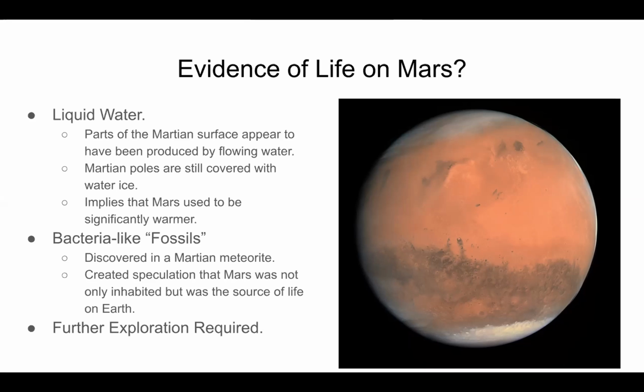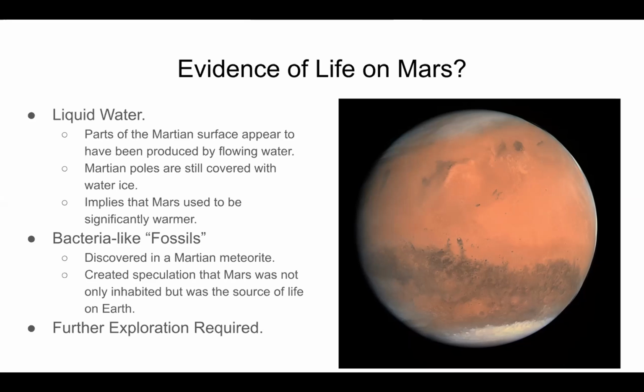Also, the Martian poles are still covered with water ice. This all implies that Mars used to be significantly warmer, which has to do with the temperature part of the planet being habitable.